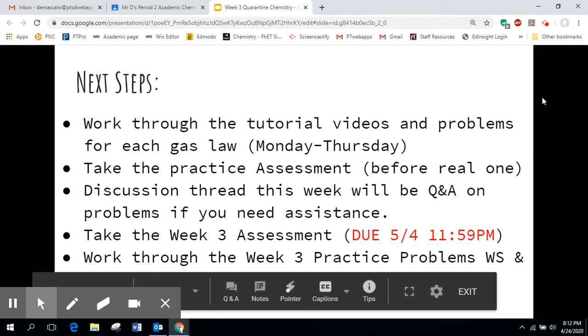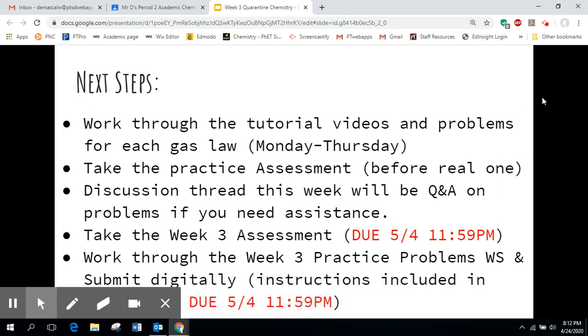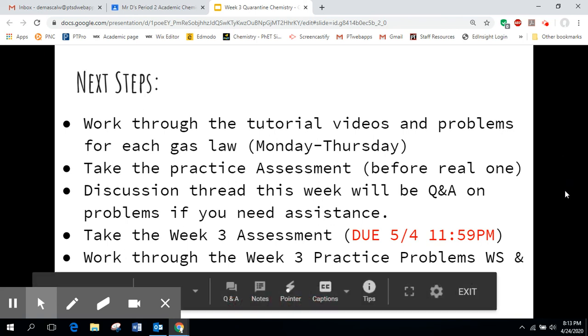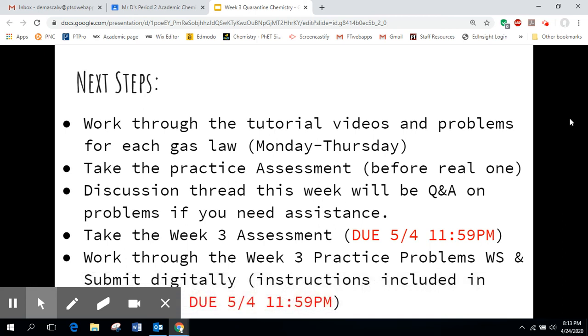You're going to take the week 3 assessment. That's going to be due on Monday, May 4th, before midnight, 11:59 p.m. You're going to work through the week 3 practice problems worksheet. Submit that digitally. Instructions are included on the document, and it'll be in the stream on how to do that. That's due Monday, 5/4 by 11:59 p.m. as well. Please shoot me a message and let me know if you have any questions so that I can help you out.